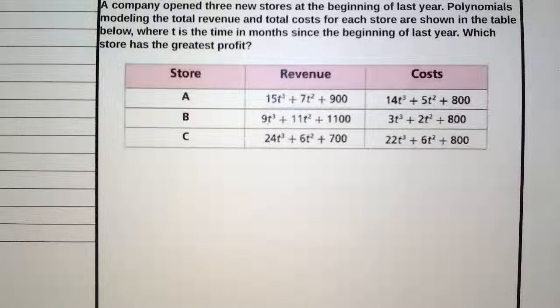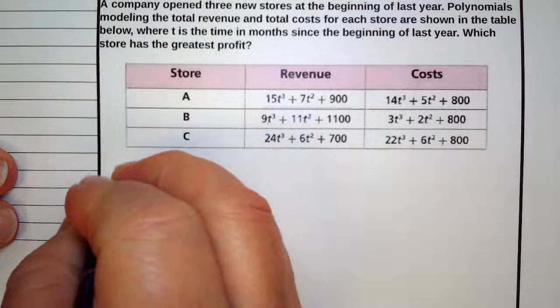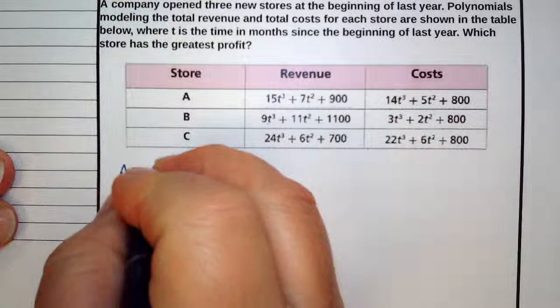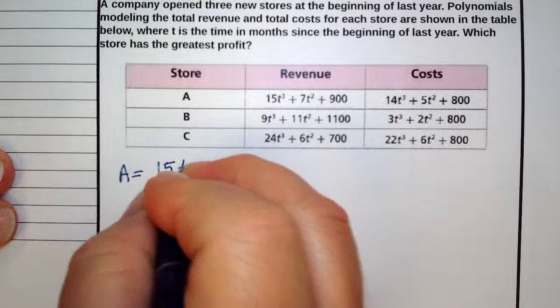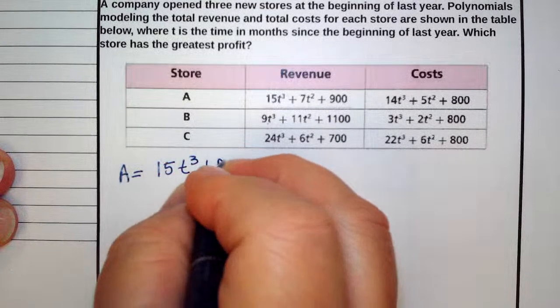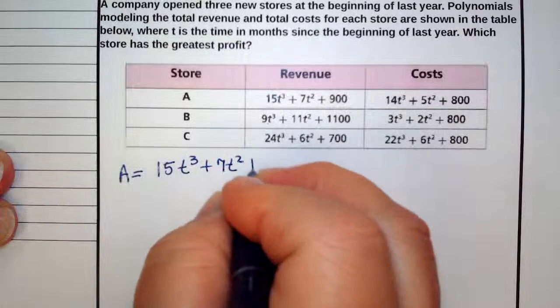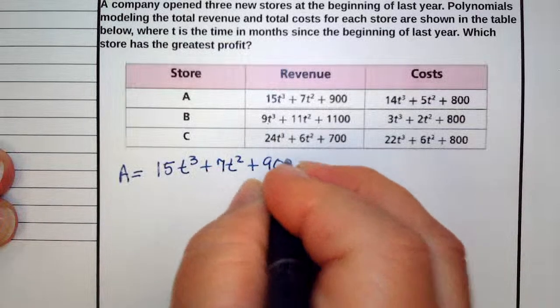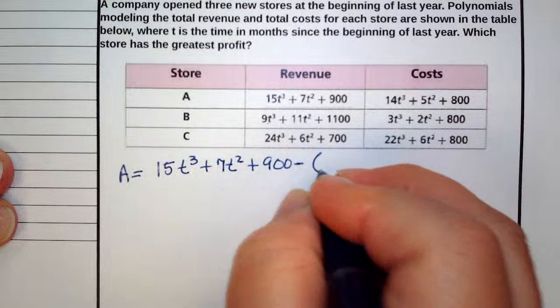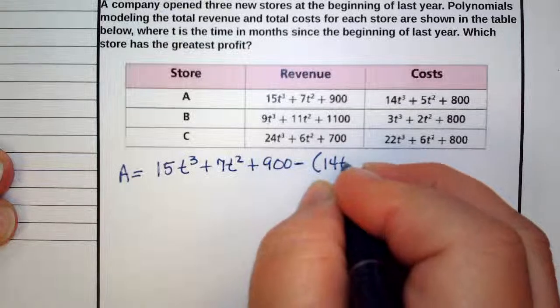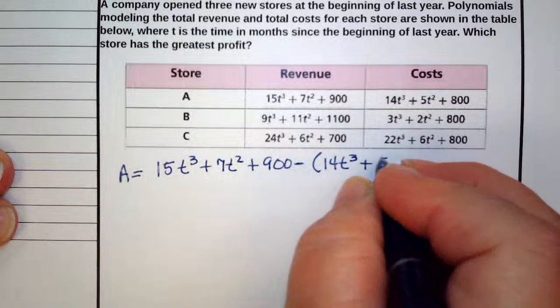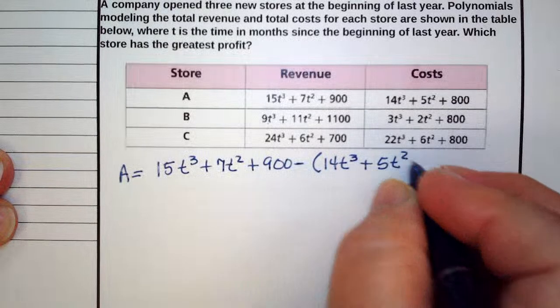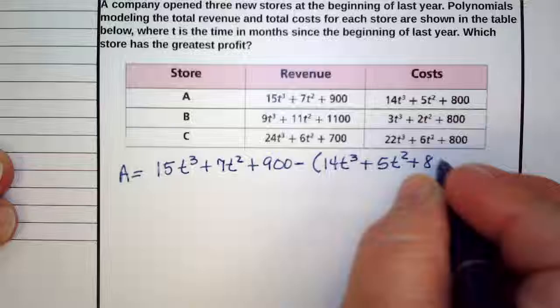We subtract. So if I am looking at A, store A is equal to 15t to the third plus 7t squared plus 900, subtract the quantity 14t to the third plus 5t squared plus 800.